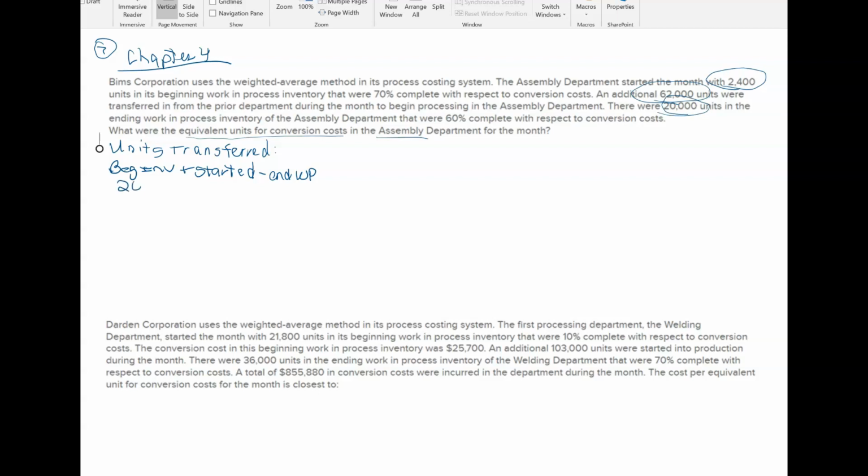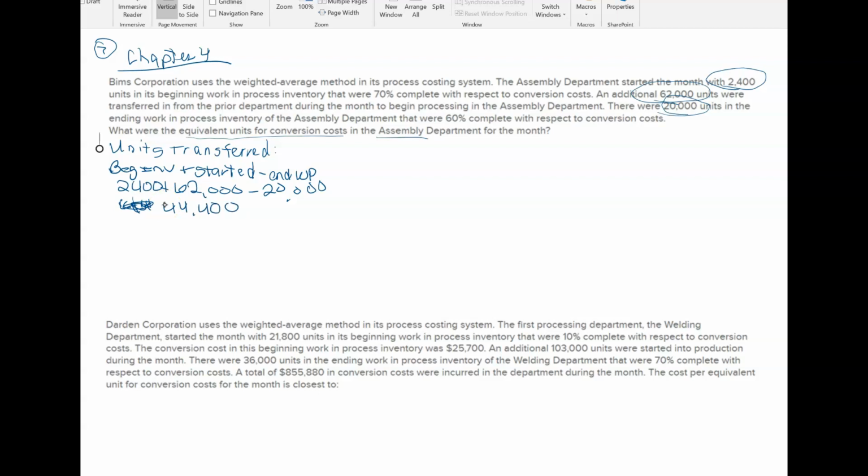Okay, the 24 plus the 62 minus the 20. The units transferred is 44,400.